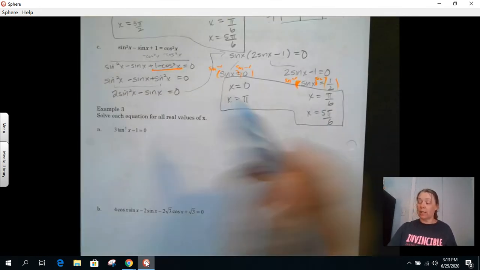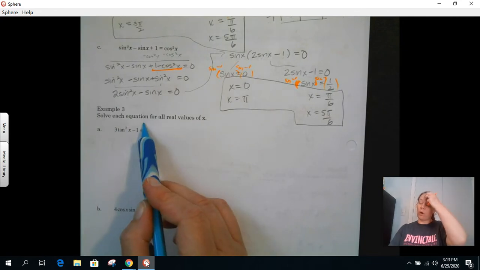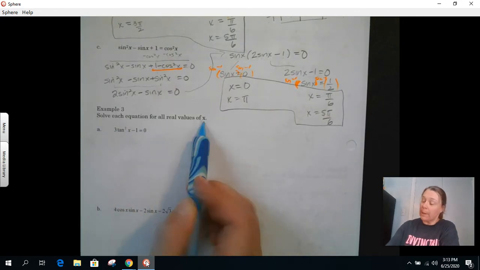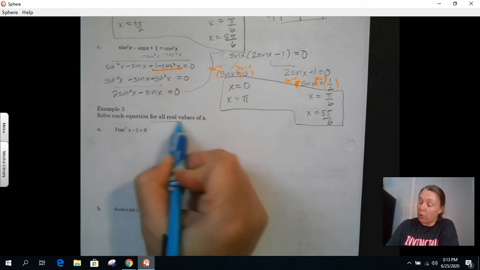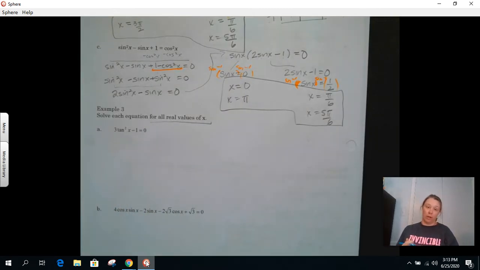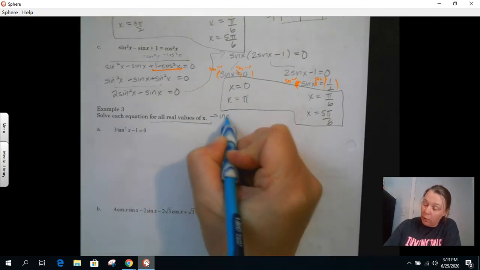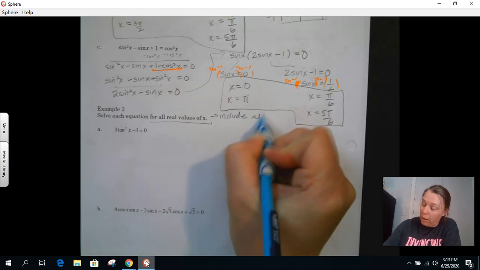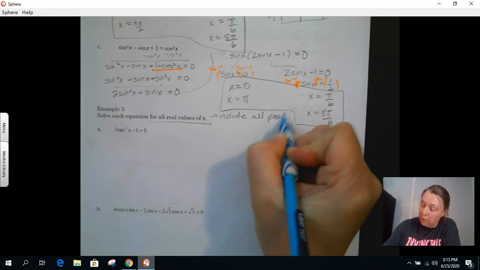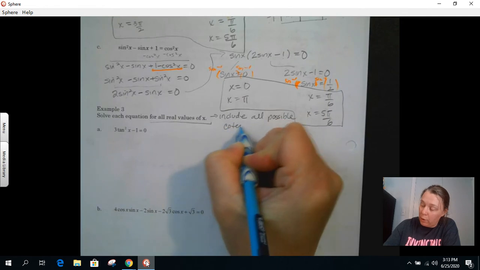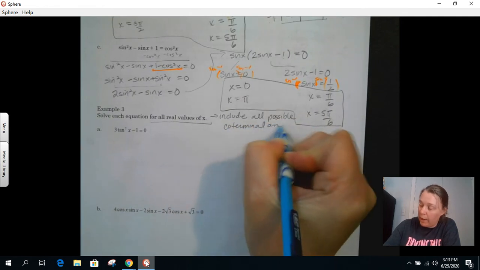So when the directions say solve each equation for all real values of x, that means you want to include all possible coterminal angles, because you could keep adding multiples of 2 pi, or adding multiples of 360 if you're in degrees. So when it says all real values of x, that means you need to include all possible coterminal angles.